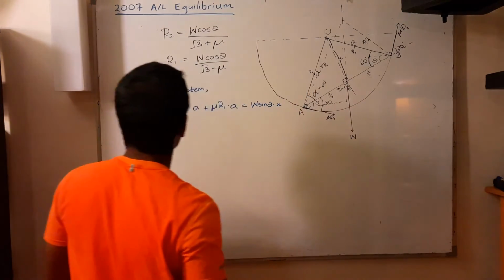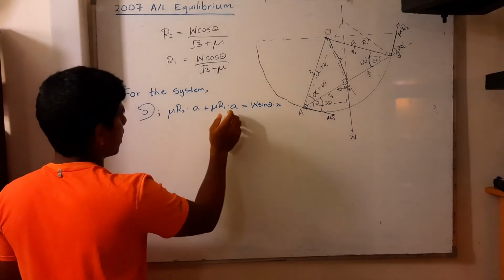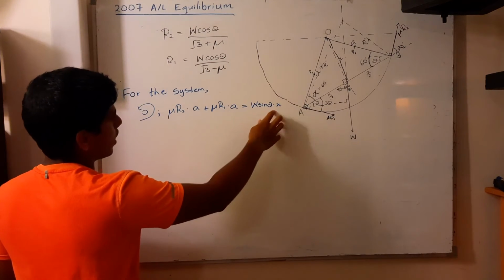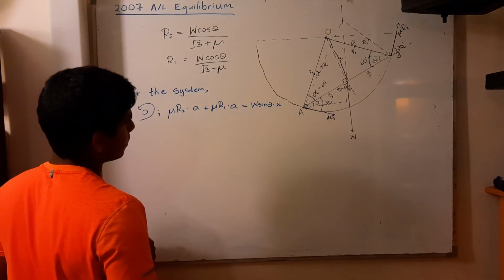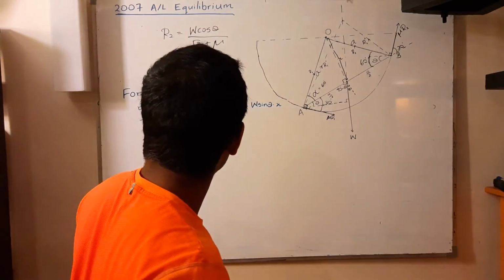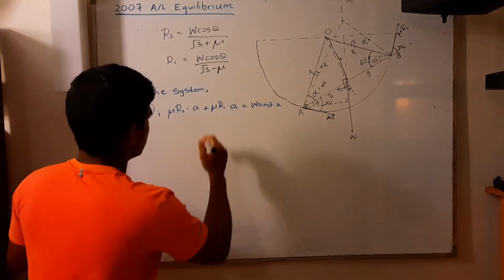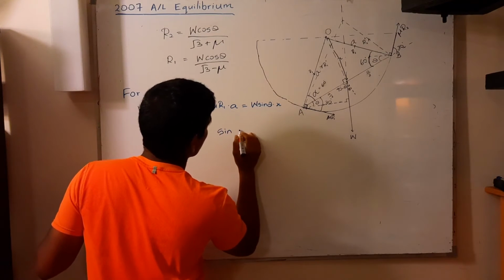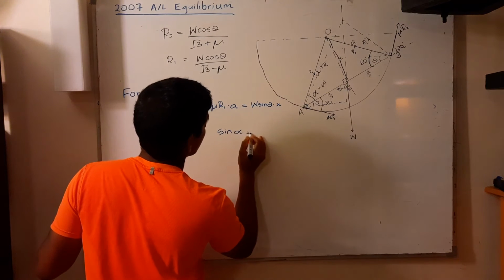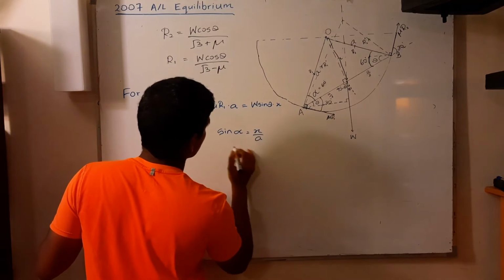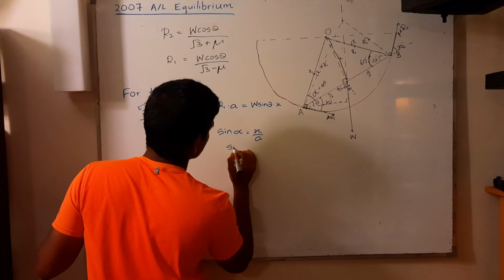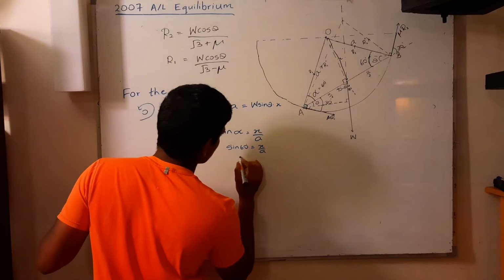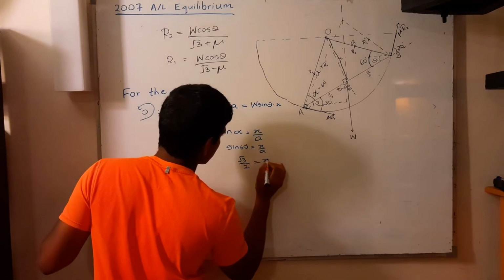Okay, so now in order to do the question, we know the unknown variables R2 and R1. That's what we found here. But to do the question, we need to know the value for x. So we can get the value for x simply like this. Sine alpha equals x over a. So sine 60 degrees equals x over a. Root 3 over 2 equals x over a.